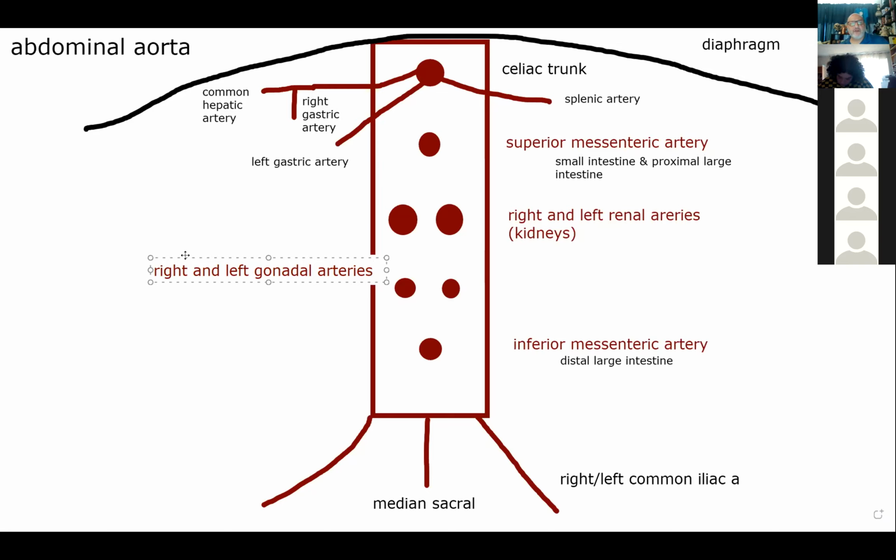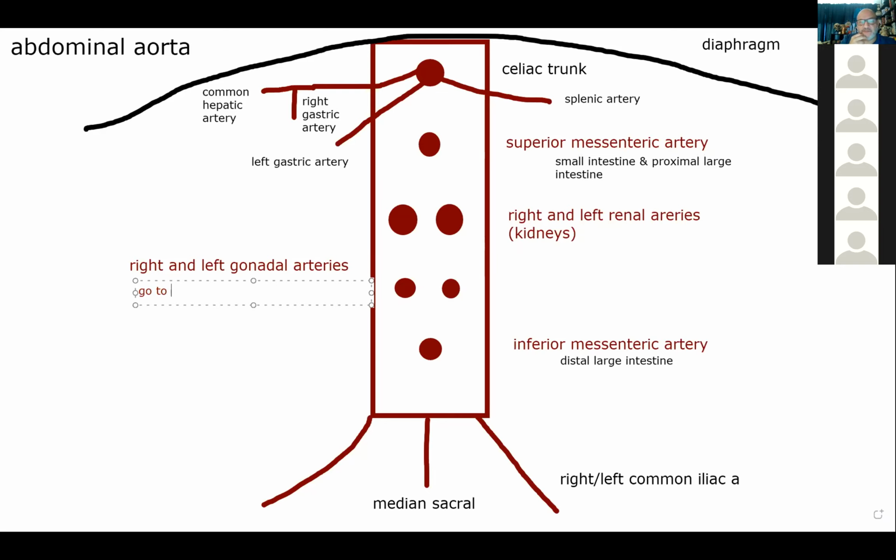And where might those go? Reproductive systems. Yeah. Or specifically, what part of the reproductive system? Testes and ovaries. Yeah, collectively we refer to them as the gonads, absolutely.